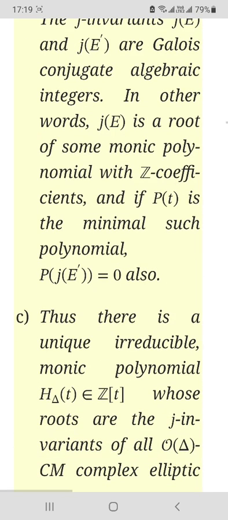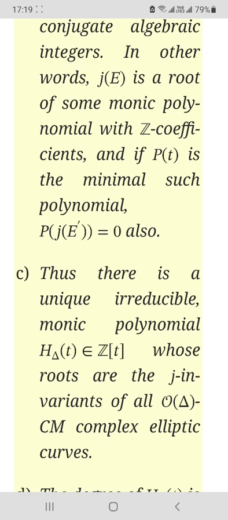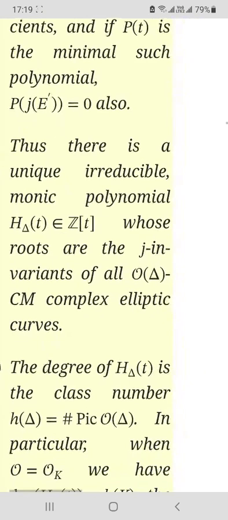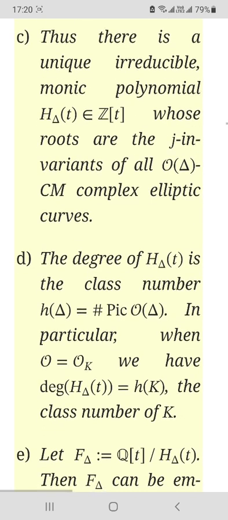In other words, j(E) is a root of a monic polynomial with Z coefficients, the Hilbert polynomial, and j(E') is also a root of such a polynomial. Thus, there is a unique irreducible monic polynomial, which we call the Hilbert polynomial of discriminant delta, H_delta(T) in Z[T], whose roots are the j-invariants of O_delta-CM complex elliptic curves.